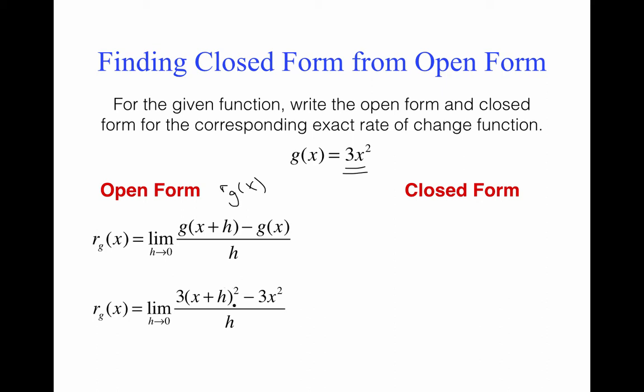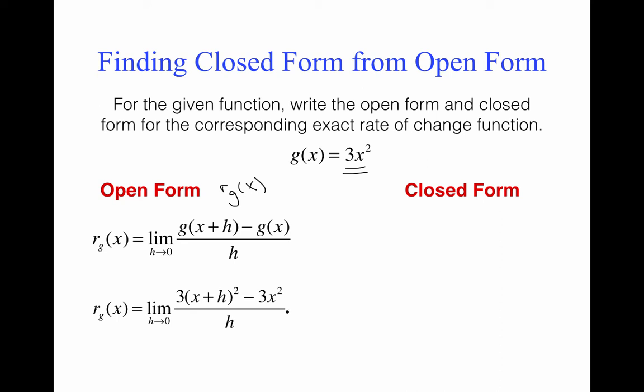Well, that's 3 times the quantity x plus h squared. g of x is 3x squared. So this is the open form for the rate of change function for the accumulation function g.